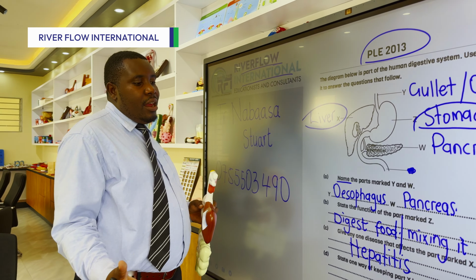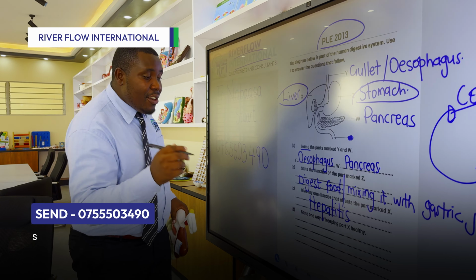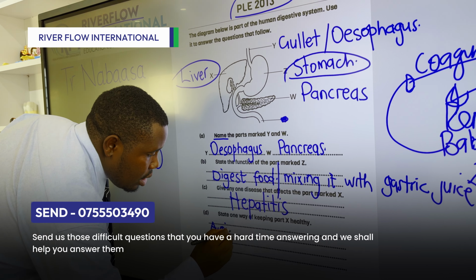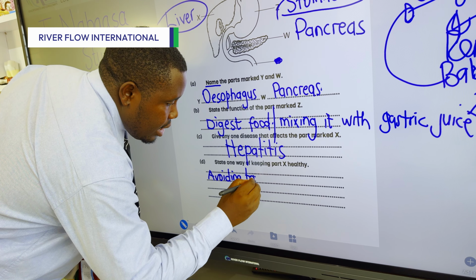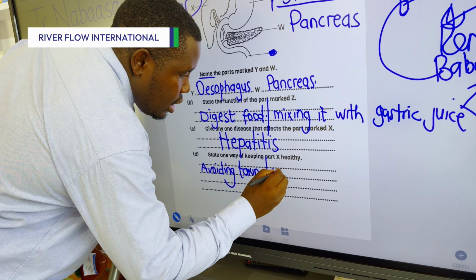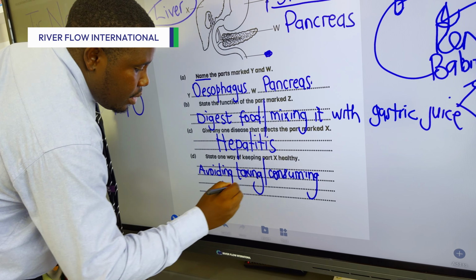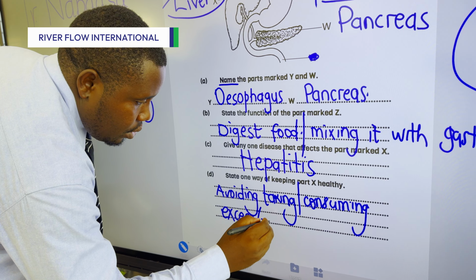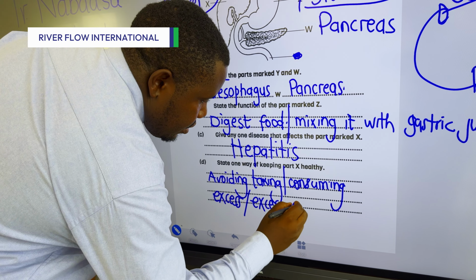And then one way of keeping part X healthy, number one, is avoiding consuming excess alcohol.